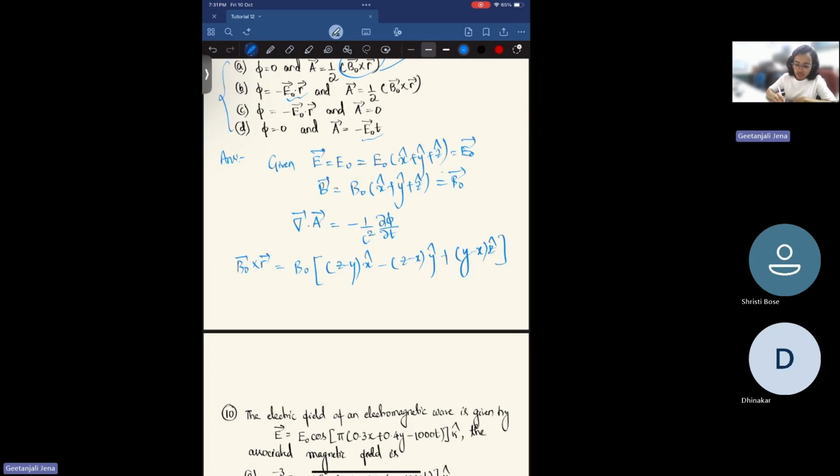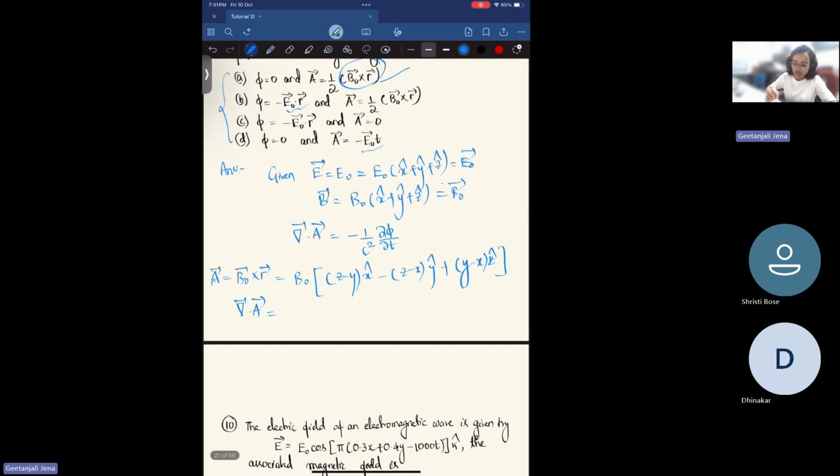This is B0 cross R. So if you take the divergence of A, which is half of the divergence of B0 cross R, this is 0, right?